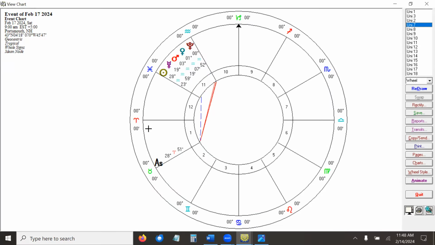If you have Aries rising, then we start with that Aries rising, you're going to have Pluto in the 11th house, right? There's Pluto. Venus enters Aquarius on Friday the 16th, and will spend 3 weeks there.